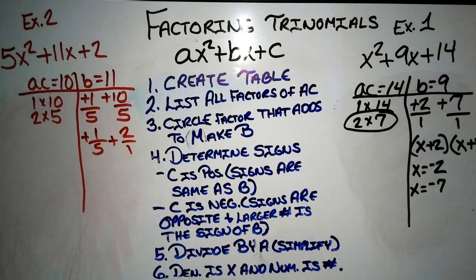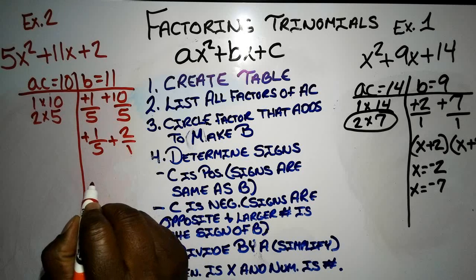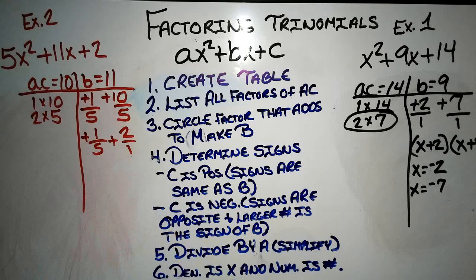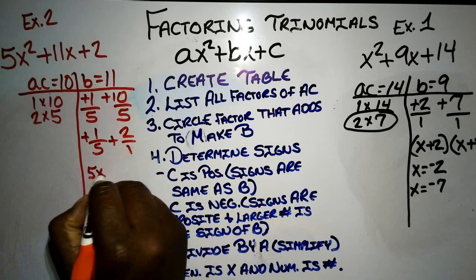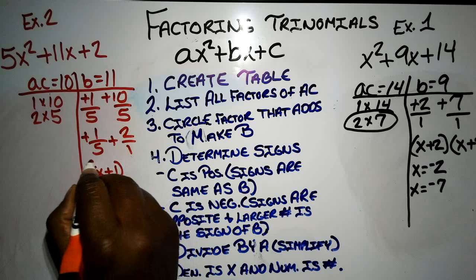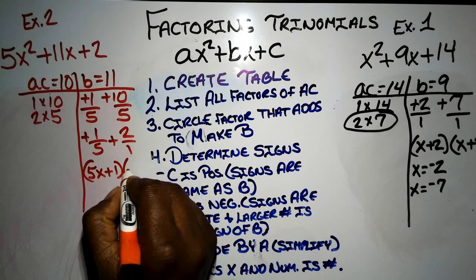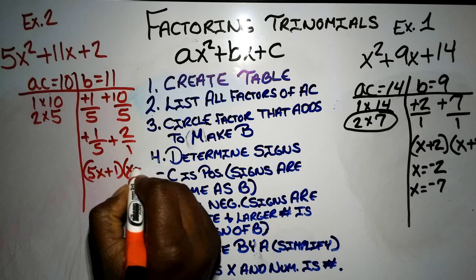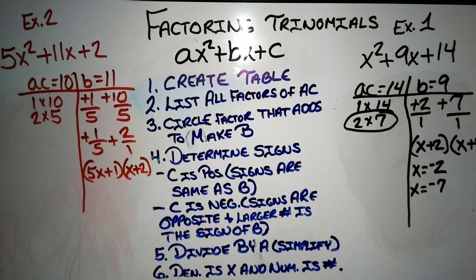So when I write my factored version of the answer, my denominator is my x and the numerator is my number. So I'm going to have 5x plus 1, and then my other one is 1x, or just x, plus 2. So that is my factored version of that answer.